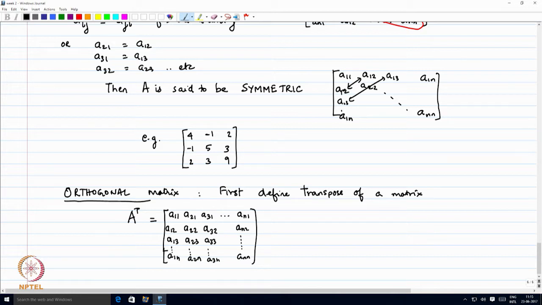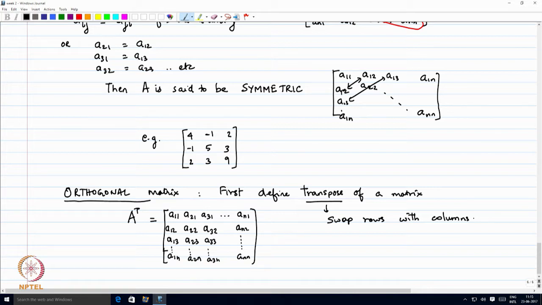So, this is the transpose of A, and you can clearly see that you kept the diagonal elements the same and you swapped the off diagonal elements. Basically, transpose means switch rows and columns, swap rows with columns.